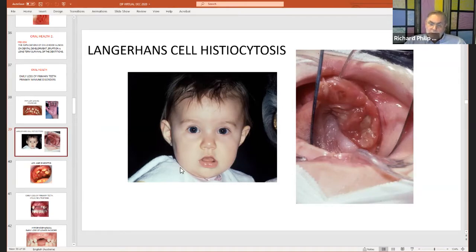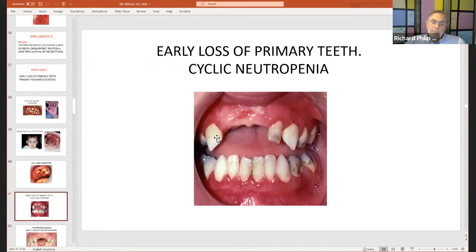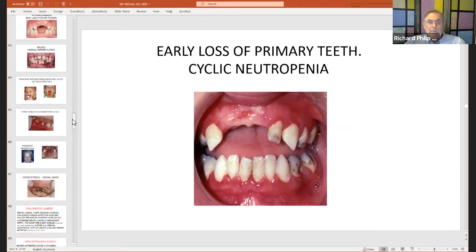So that's a classic presentation of Langerhans cell. Here's another youngster at 8 months of age presenting with Langerhans cell. So really understanding the soft tissues, you can see why I call it the canary in the immunological coal mine. Cyclic neutropenia, another example of the importance of looking at the gingival tissues, with early loss of primary teeth.